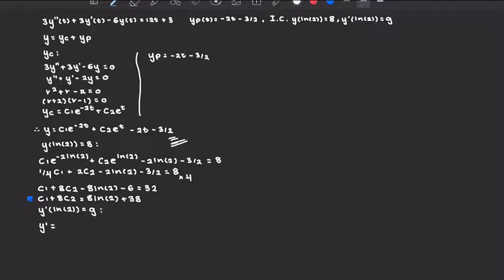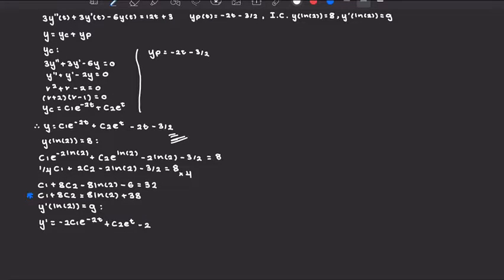The derivative of y is equal to negative 2 c1 e to the negative 2t, and c2 e to the t is just c2 e to the t, minus 2t is negative 2, minus 0 over 2 is 0 because the derivative of a constant is just 0.